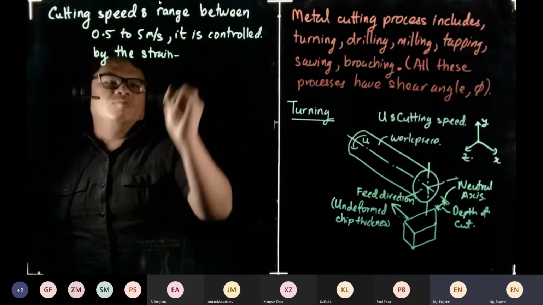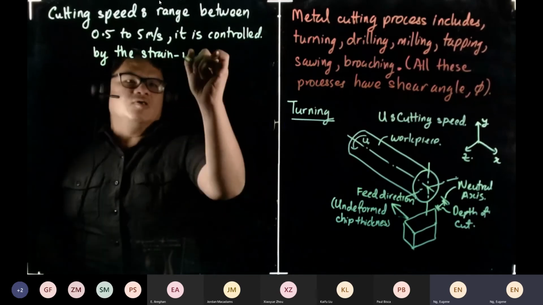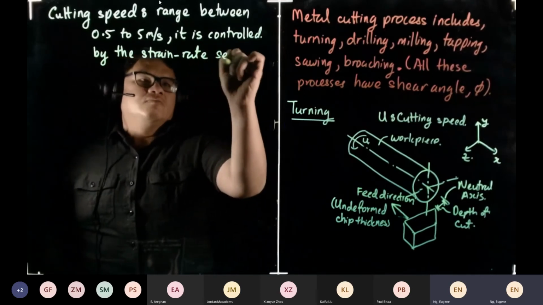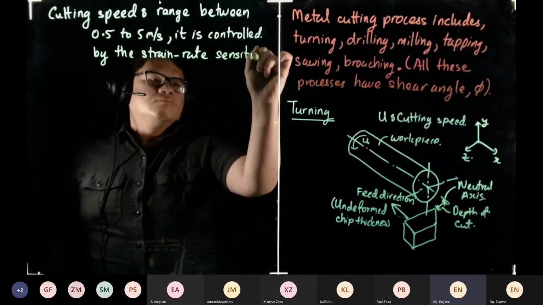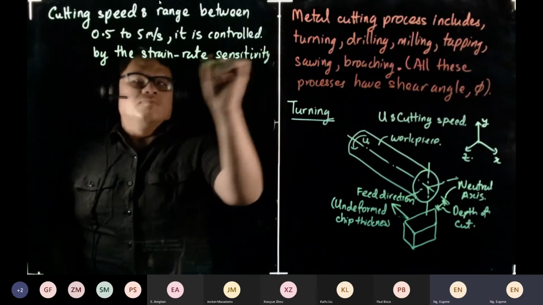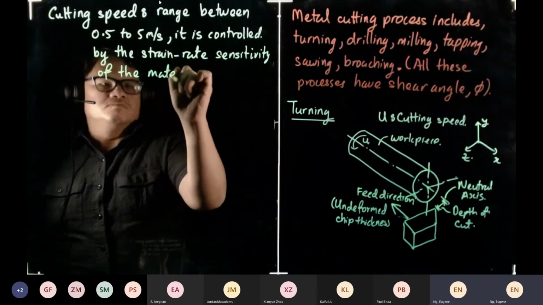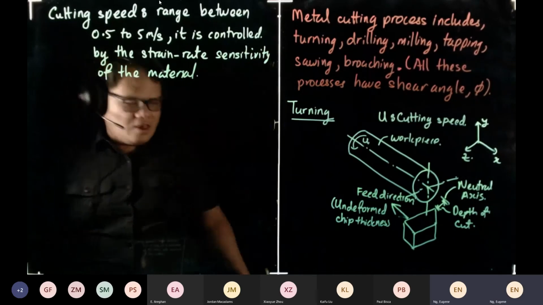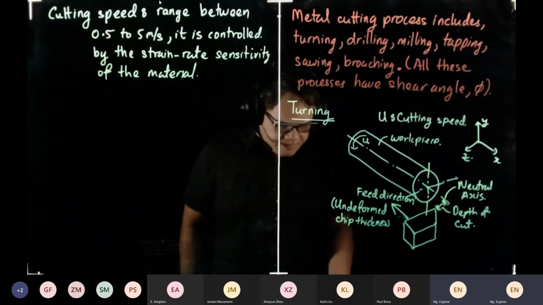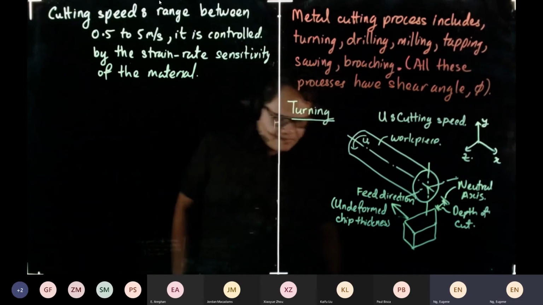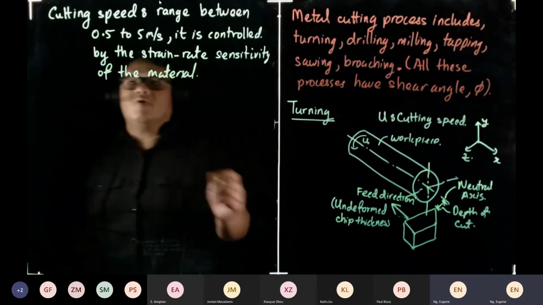You've seen this before: strain rate sensitivity of the material. That is the cutting speed. Next we are going to talk about depth of cut.